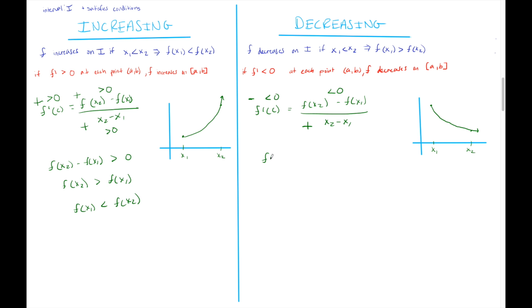We solve so that it is less than 0. We get f of x2 is less than f of x1, and we could switch that around to get f of x1 is greater than f of x2, which is exactly, again, what we have over here. And that is how you prove the definitions of an increasing and decreasing function using the theorem.